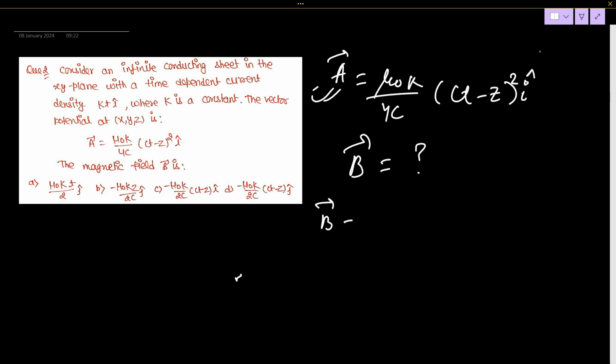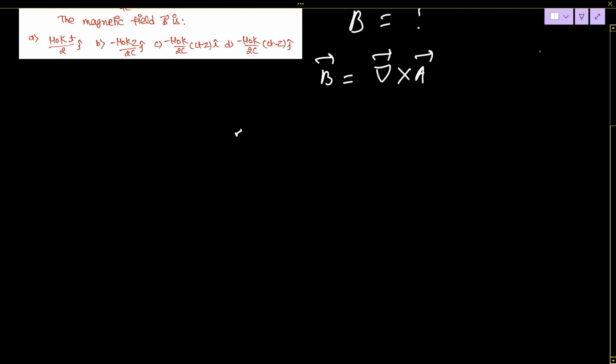Magnetic field is simply what? Del cross A, isn't it? Magnetic field is simply del cross A. So we just have to take the curl.